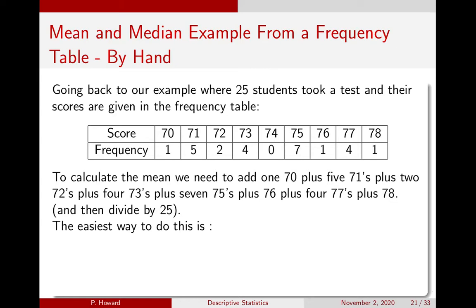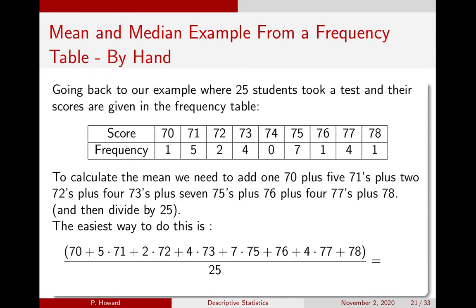So the easiest way to do this, if you're doing it by hand, is to use a little bit of multiplication. Right, 5 71s is 5 times 71, and 2 72s is 2 times 72. You don't actually have to add all 25 numbers.